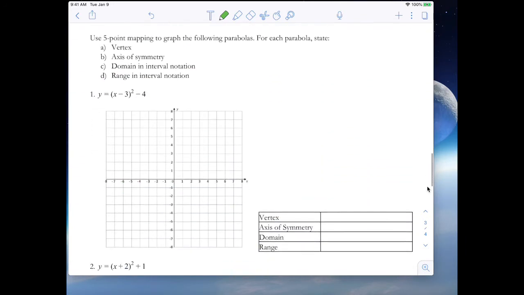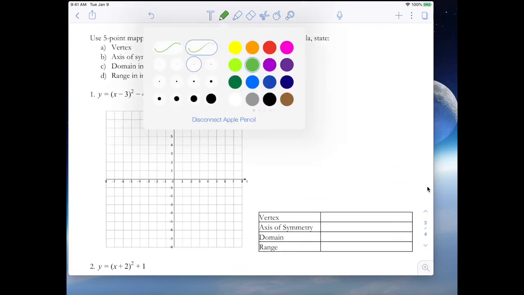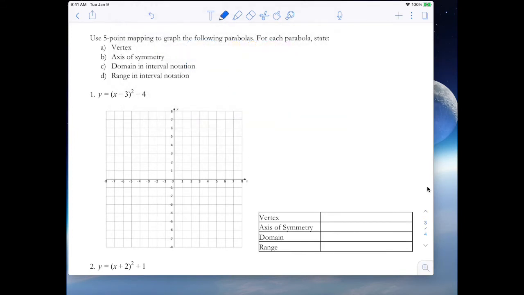Okay, so now I know there are a number of ways to graph parabolas. I know some of you already know some of these ways. But what I want us to do while we're in this lesson and in this unit is use 5-point mapping.